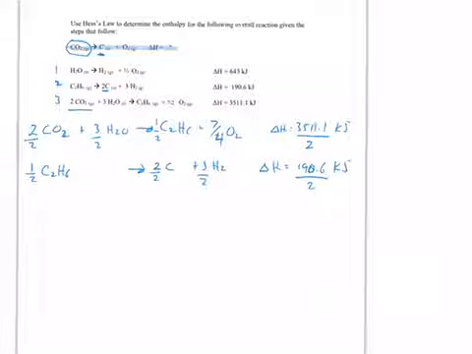Okay, now the last one's going to be tricky because we need to bring in equation 1. And this one's kind of tough. So you'll notice in this overall reaction that we've got 1 molecule of O2. And the only place we see O2 in what we've done so far is right here.